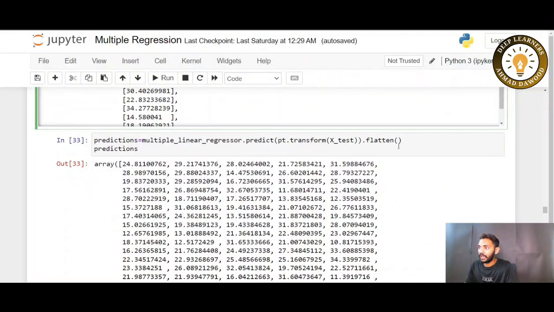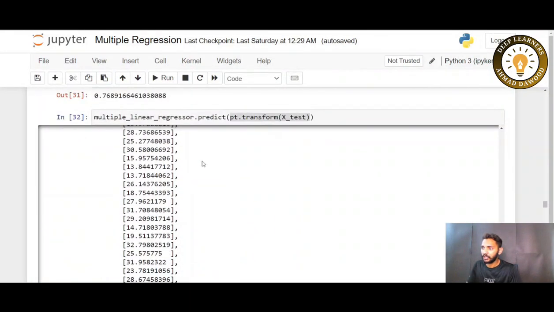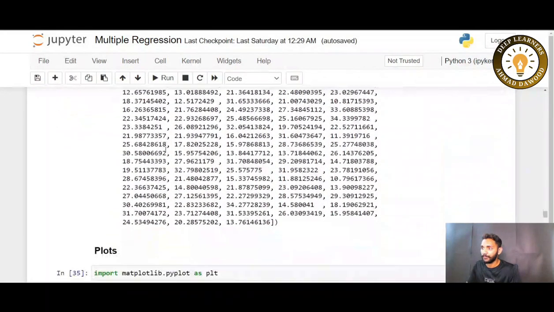I am going to flatten these predictions because I will go towards plotting the variables, and I am interested in seeing what type of model I have achieved. The predictions are in a two-dimensional array, so I am just converting this into a one-dimensional array.